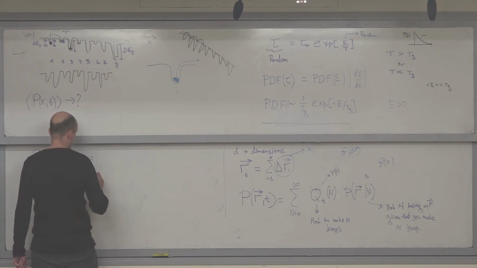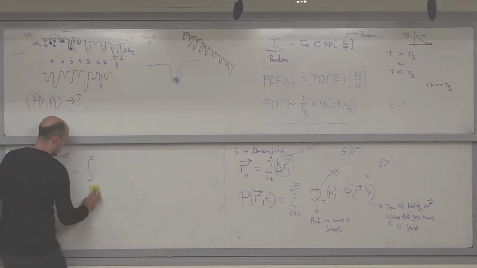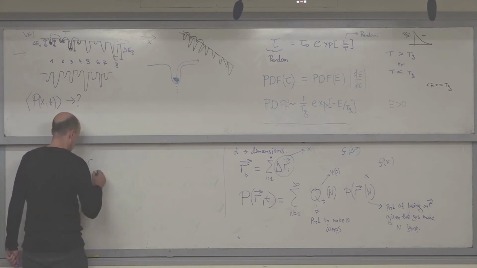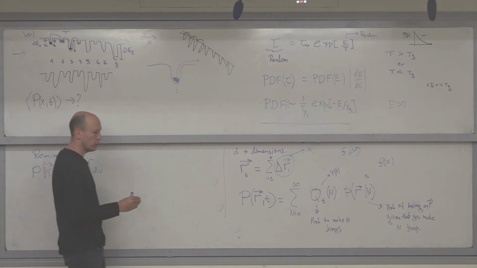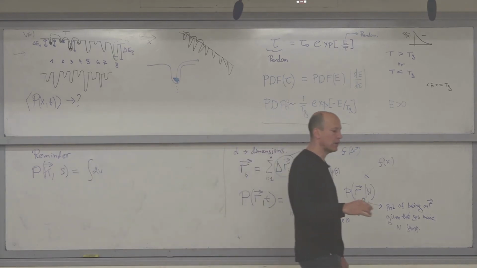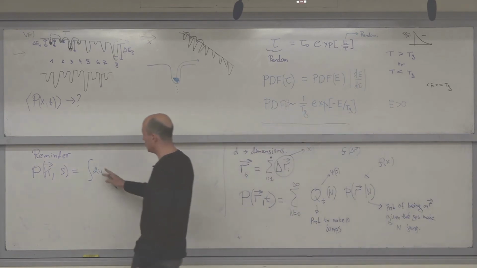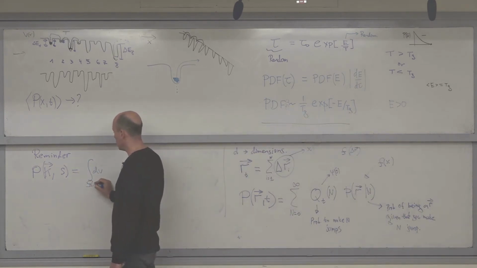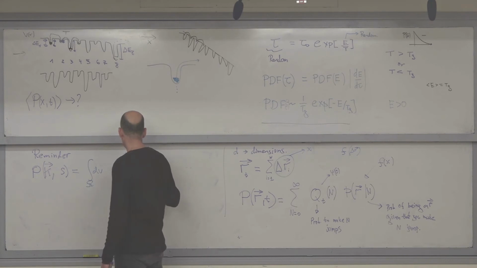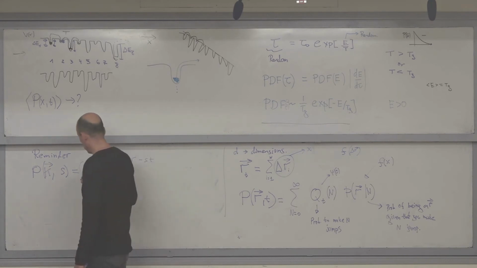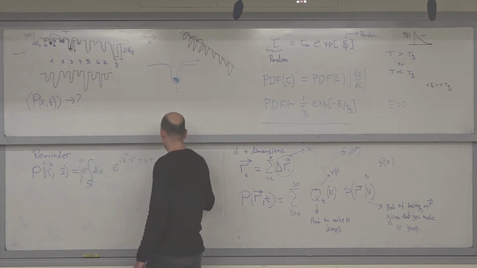Well, in principle you have an n-dimensional integral, so I'm not going to write it n-dimensional, but I'm going to write it as dv. This is a multiple integral. For example, if you're working in 3 dimensions, it's dx, dy, dz, integral from minus infinity to infinity. This is a Fourier transform in 3 dimensions, and this contains all the volume of space. And here I have e to the i k r minus s t, and here I have another integral from 0 to infinity dt of p of r and t.